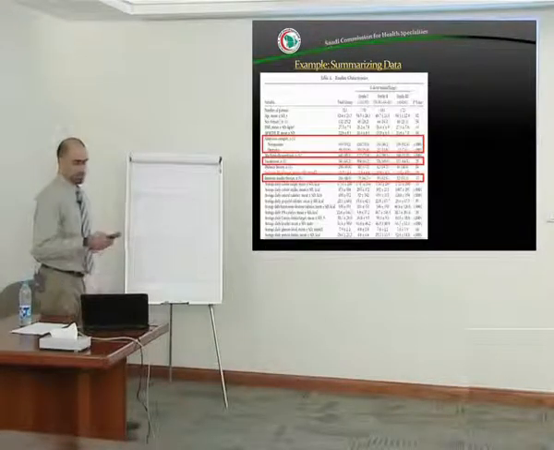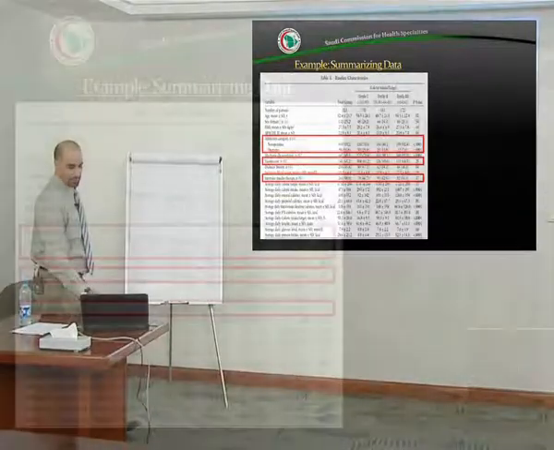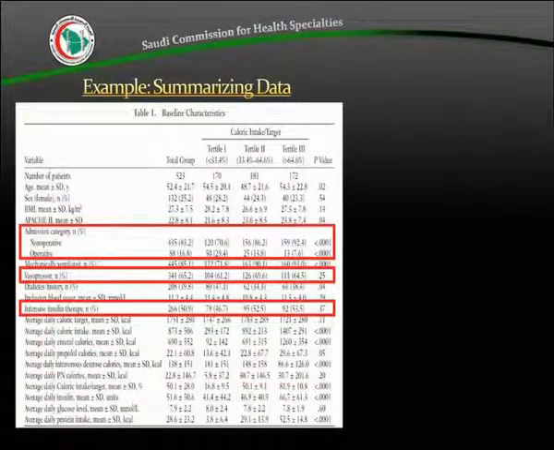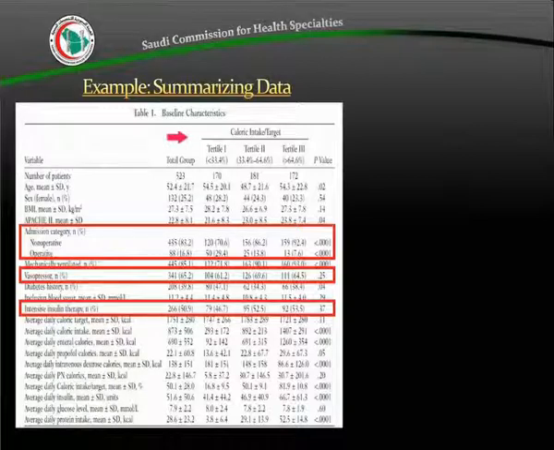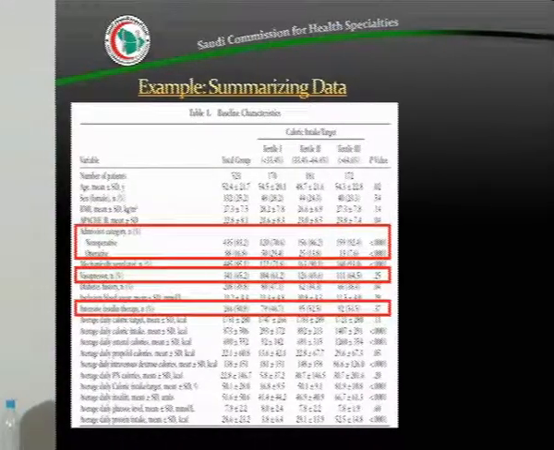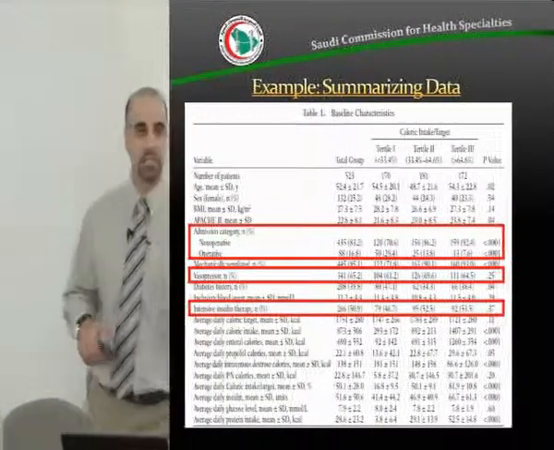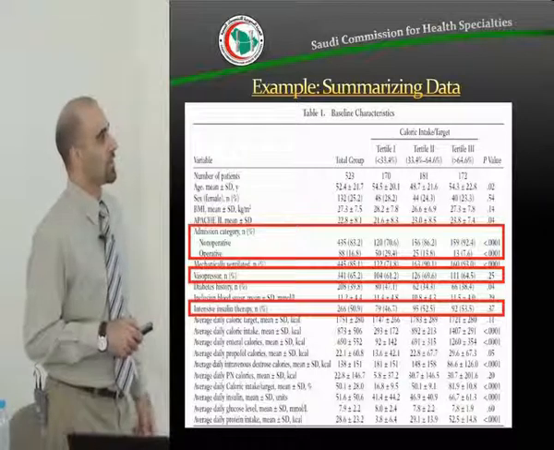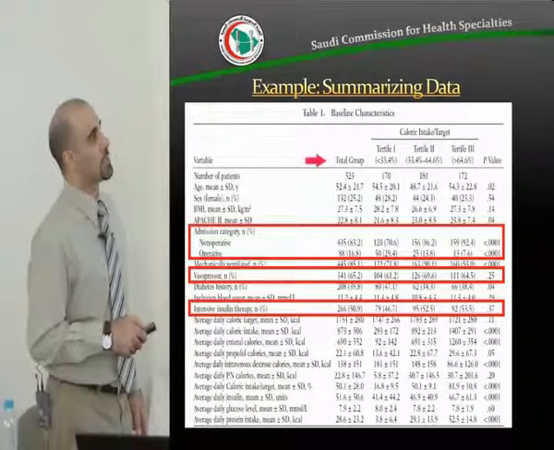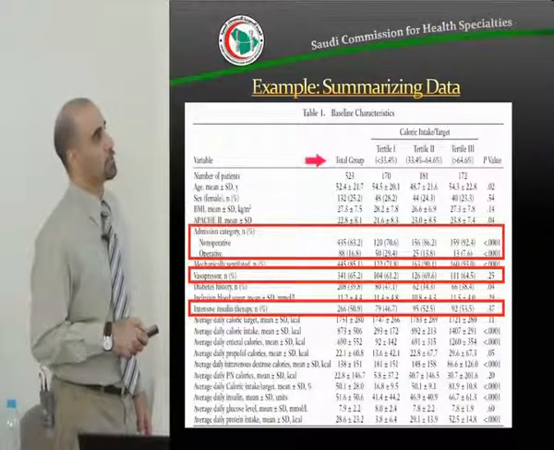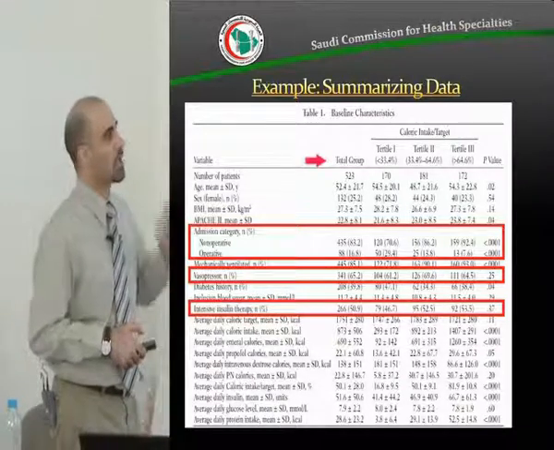But let us go to the results. In this case, I divided the caloric intake into tertile 1, 2, and 3. So I divided the people into three categories based on their caloric intake: less than 33.4%, 33 to 64, and more than 64%.